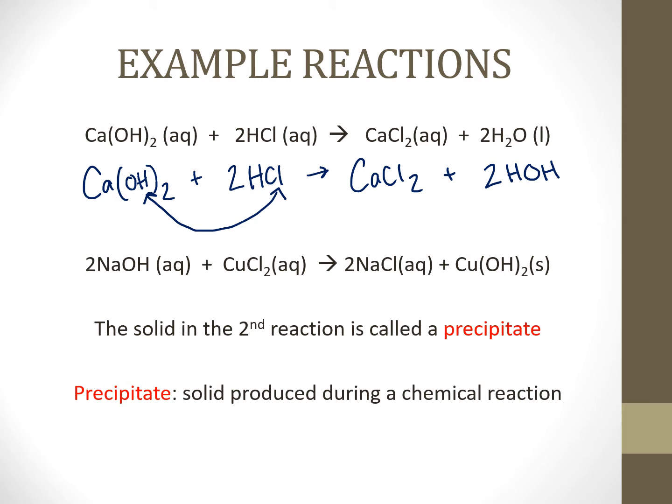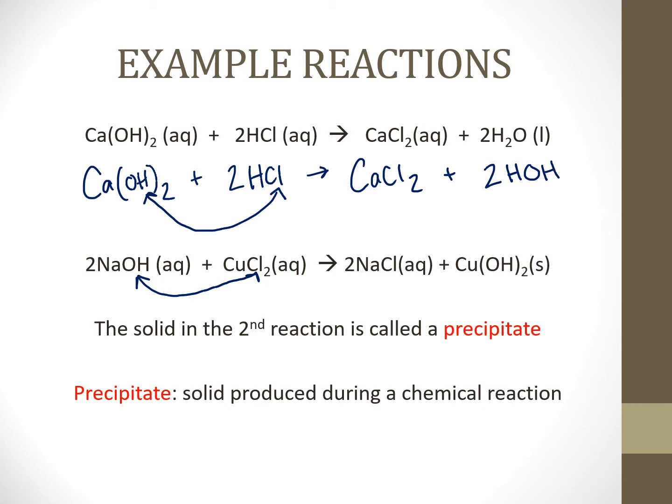In the next example, we have 2 sodium hydroxide plus copper(II) chloride yields 2 sodium chloride plus copper(II) hydroxide. So again, in this case, the two anions switch places. So now chlorine combined with the Na, hydroxide combined with the copper. If you have a transition metal, its charge is not going to change from reactants to products.